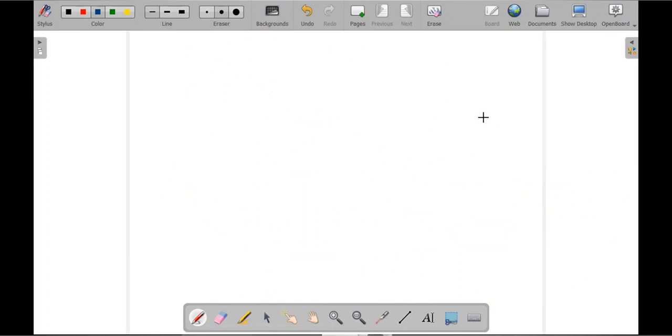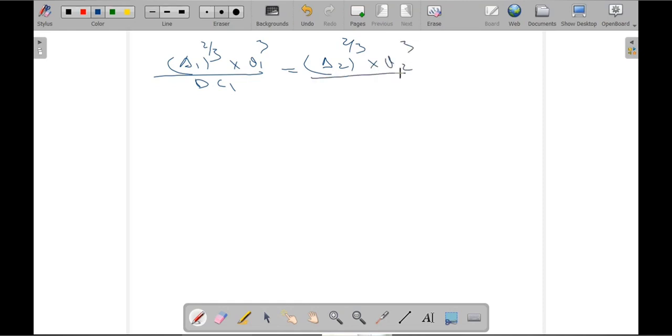So we can write here delta 1 raised to power 2 by 3 into V1 cube divided by DC1 is equal to delta 2 raised to power 2 by 3 into V2 cube divided by DC2. So DC1 and DC2 are daily consumptions under two different conditions.